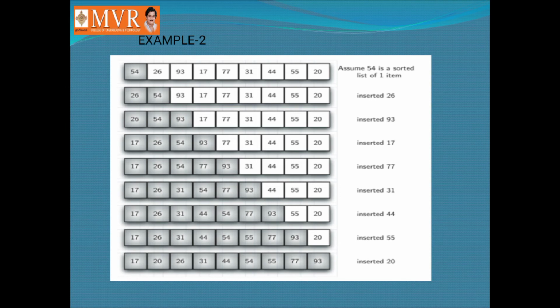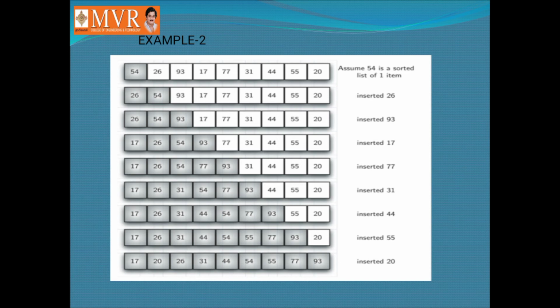After comparing 93 with 17, what happens? 17 is smaller than 93, so it should go front. After that I compare my 17 with 54 also, on the left side. 17 is compared with 54. It is smaller than that also.